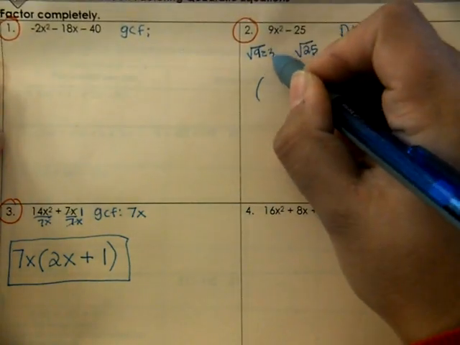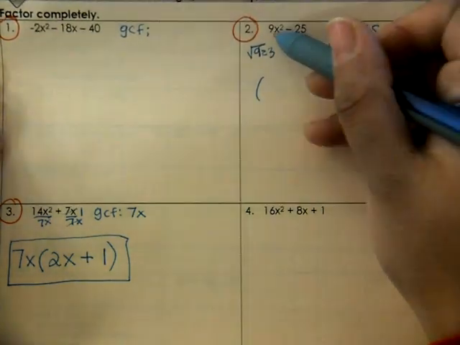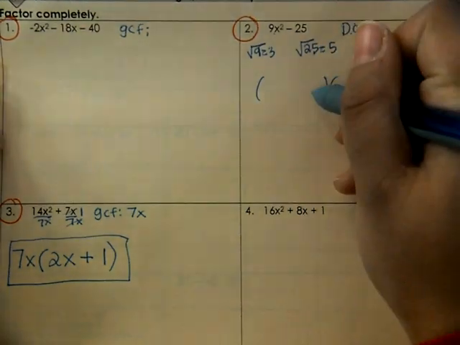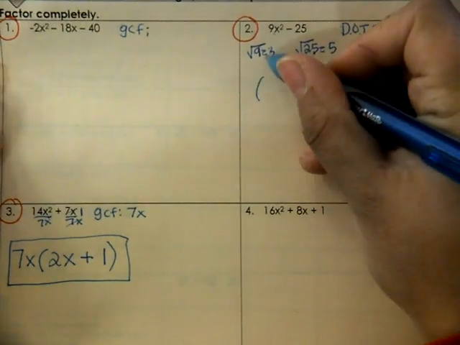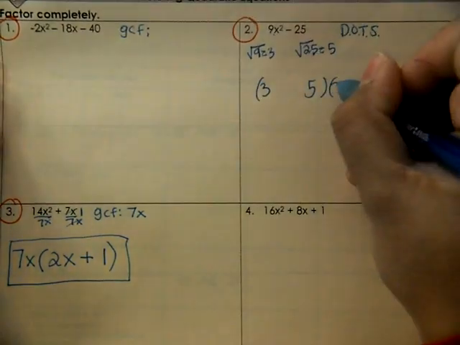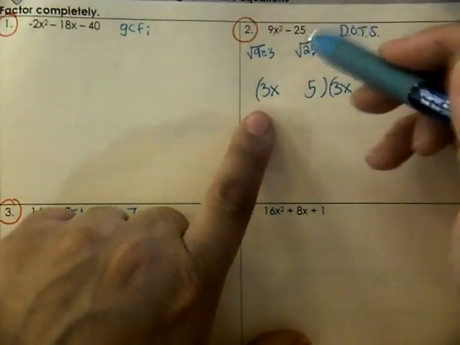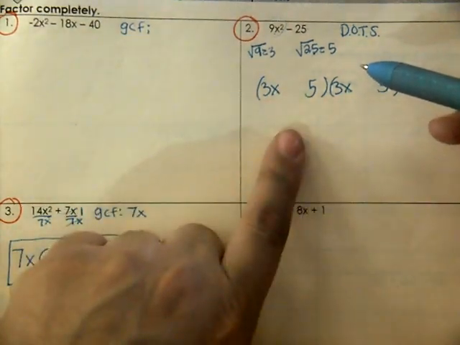Well, the square root of 9 would be 3. And the square root of 25 is 5. And just like how you can notice the position of each of those numbers, the 25's on the end, so the 5's come on the ends of the parentheses, and the 3 goes in the front of the parentheses. Now remember, don't forget x's along with the 3's, because this was 9x squared, so you still need to get to that x squared.